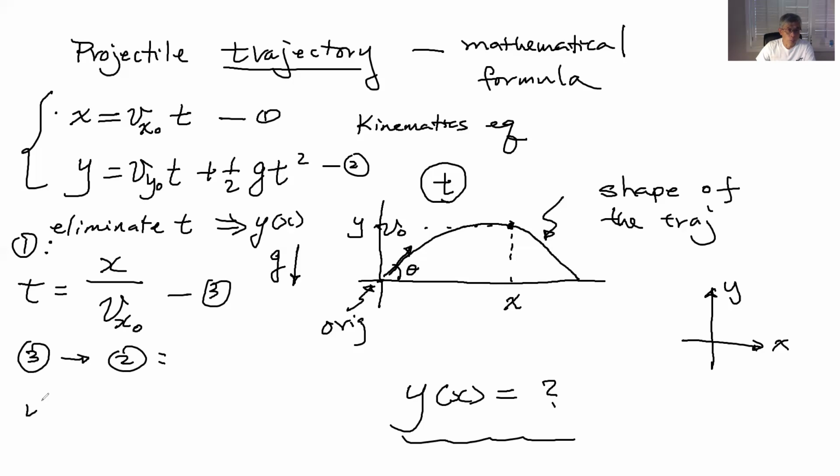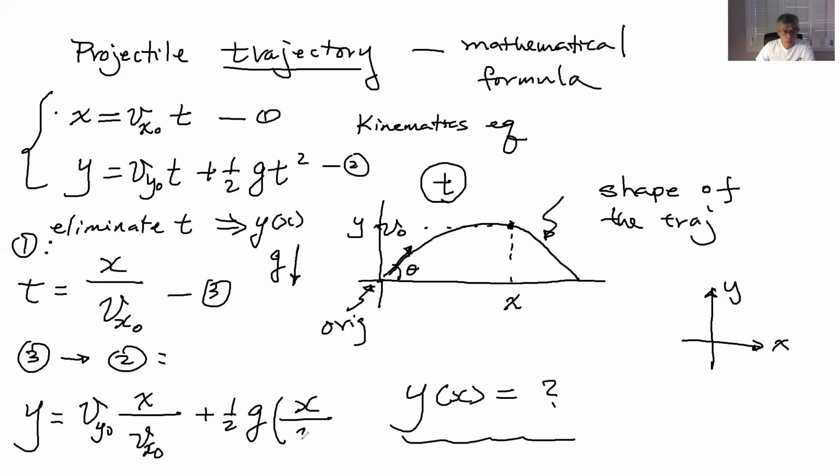Then you have Y is equal to Vy0 times X divided by Vx0, plus 1/2 G times X over Vx0, squared.